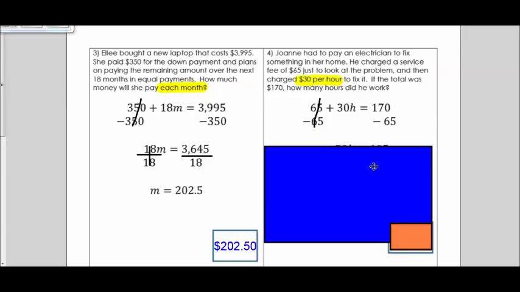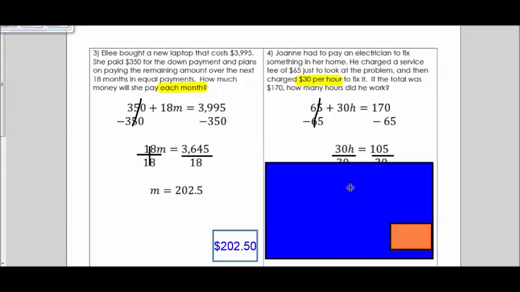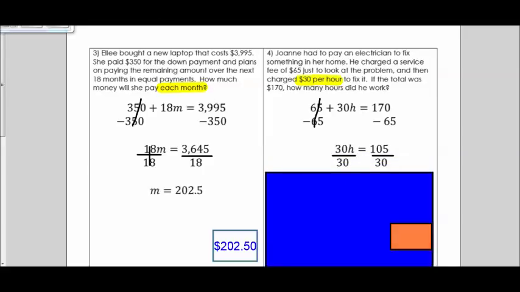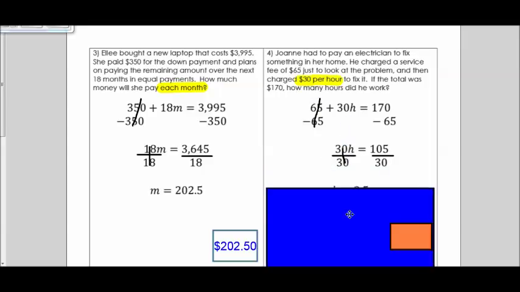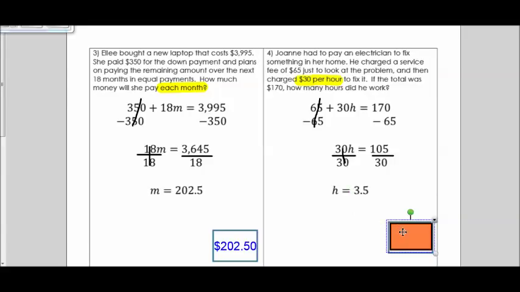And then we would have 30h is equal to 105, because 170 minus 65 is 105. And then to get rid of this 30 that's still there, it's being multiplied by h. So the opposite of multiplying is dividing. So we're going to divide on both sides by 30. When we do that, h is going to be equal to 3.5. So our final answer here is 3.5 hours.